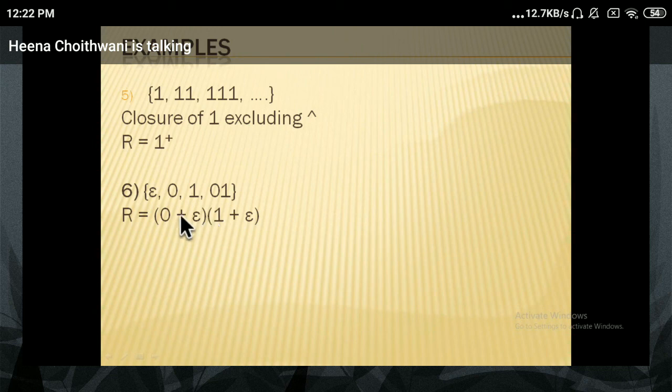So 0 and 1 will become 01, and 0 with epsilon will become 0. Now let's take the second symbol, epsilon: epsilon with 1 will become 1, and epsilon with epsilon will become epsilon. So you have to think a little bit looking at the language set. Can we combine any of them? How are my elements and symbols connected to each other? Is it okay?